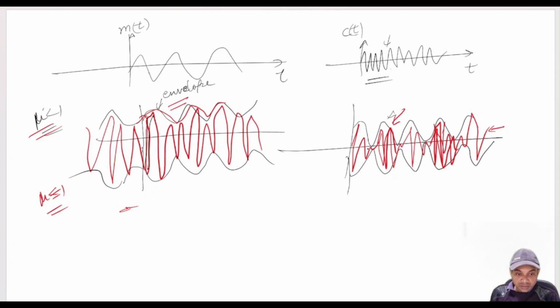If we cross the x-axis, then we will lose the message signal. Okay, that's why we have to keep mu less than 1. I hope what I am trying to say is clear, that for demodulation we have to keep mu less than 1.